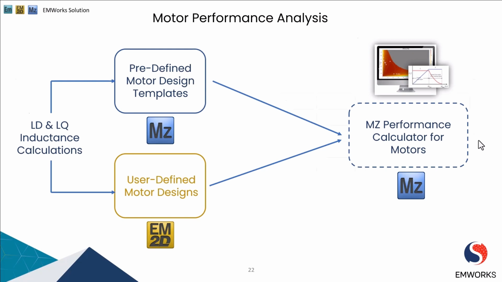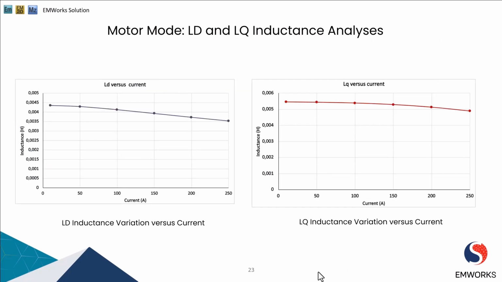So moving ahead, here we have obtained the D-axis, which is here, and the Q-axis inductance for the machine in the motoring mode, and we can see how the inductance value decreases as we increase the current.